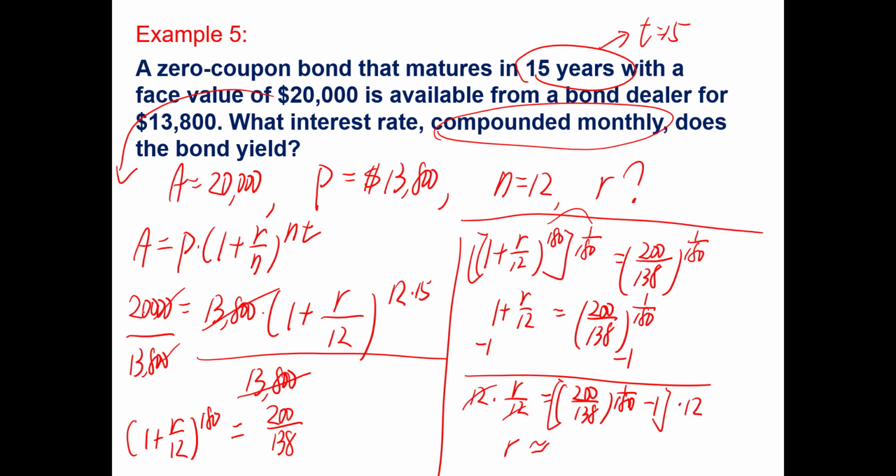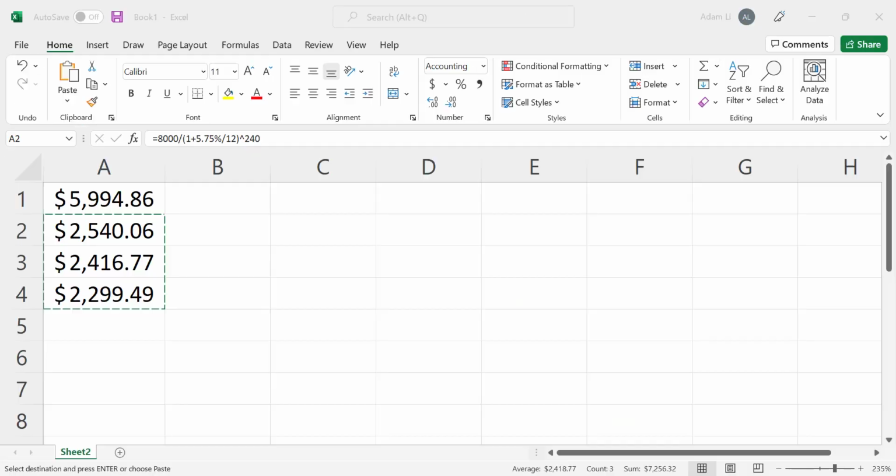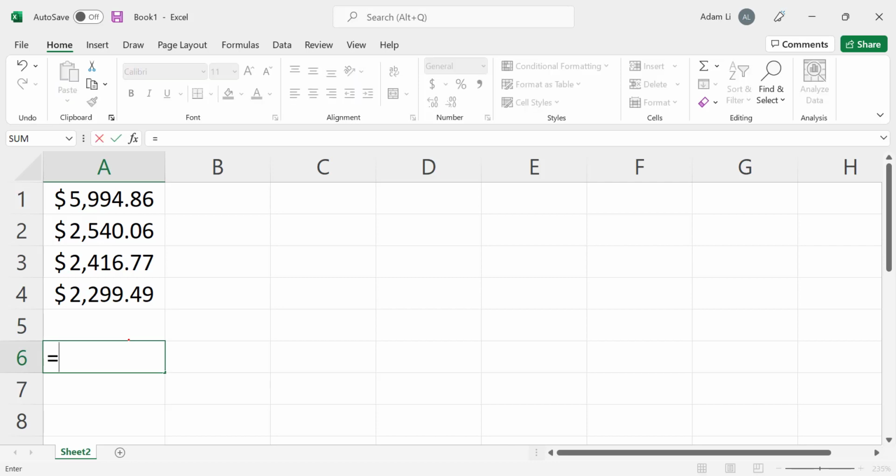So let's put the value of r into Excel. We have equal to open parentheses, 200 over 138 raised to 1 over 180 power, minus 1, close parentheses, and multiply by 12.